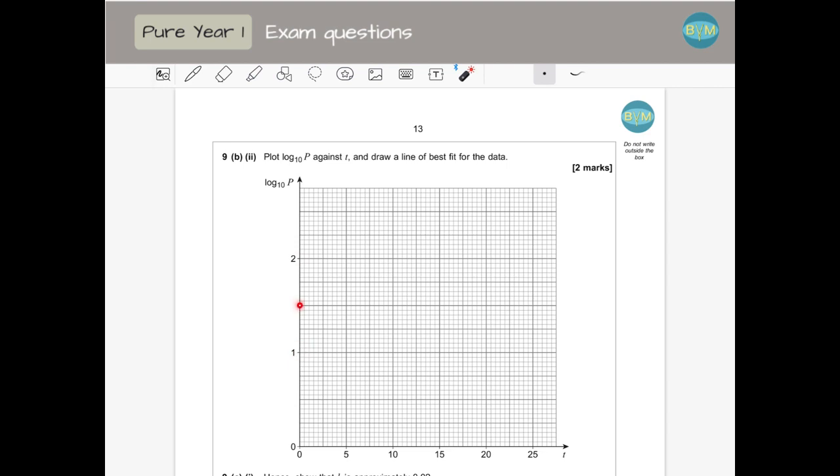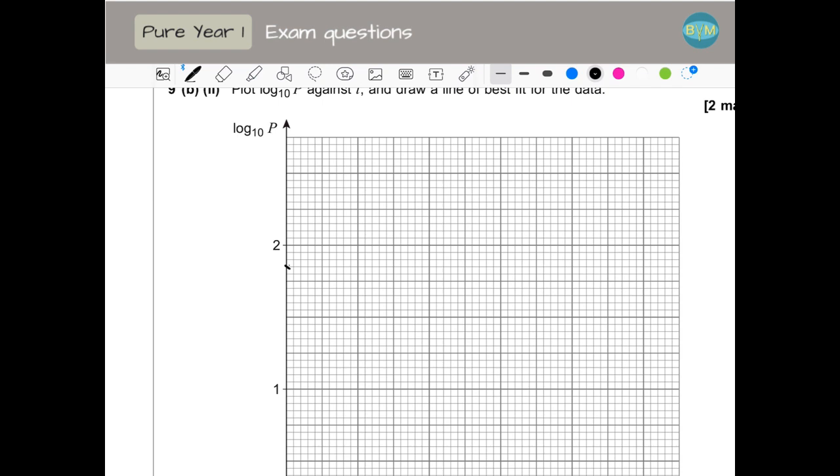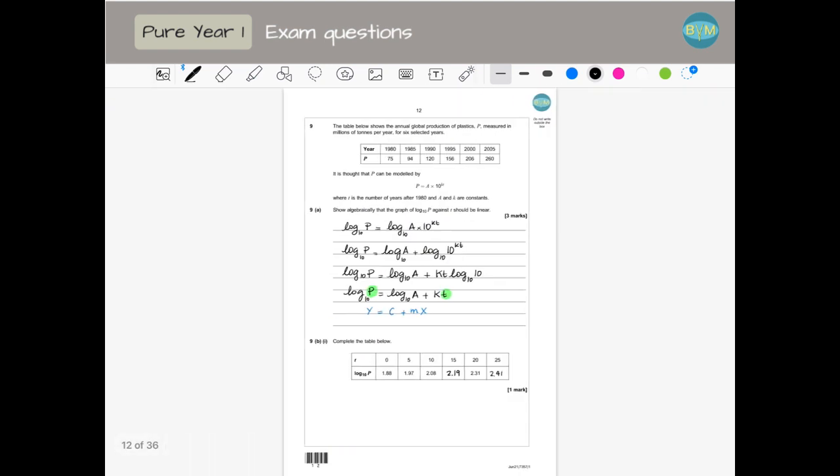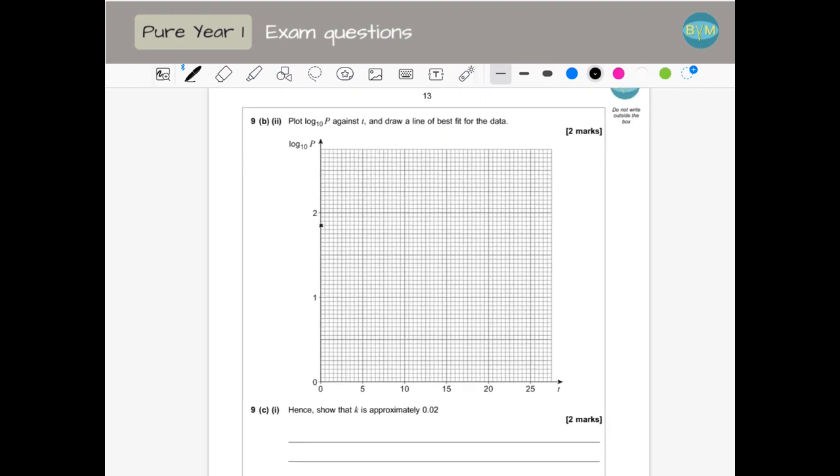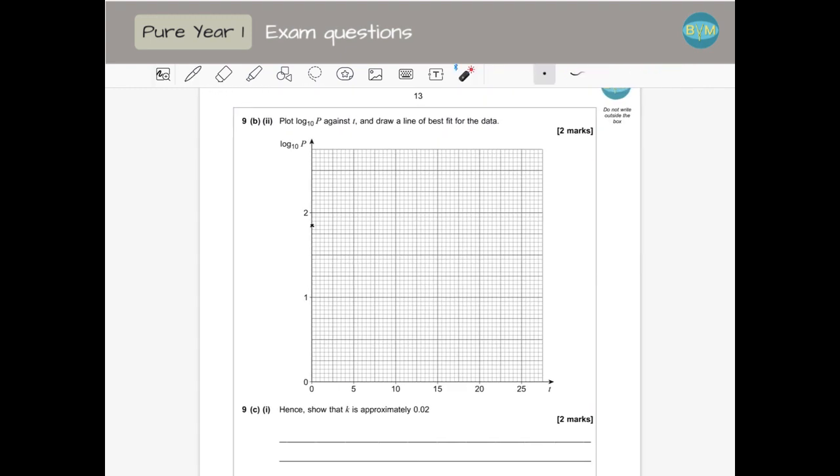So this is 1.5, 1.75, so 1.88 will be somewhere here, something like that. The first point, (0, 1.88), will be here. Put that one.